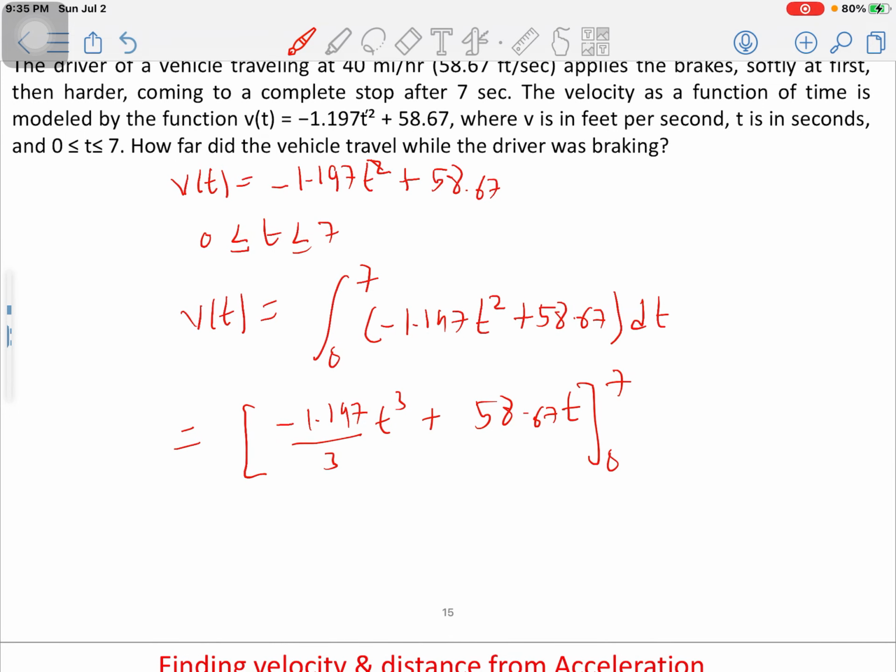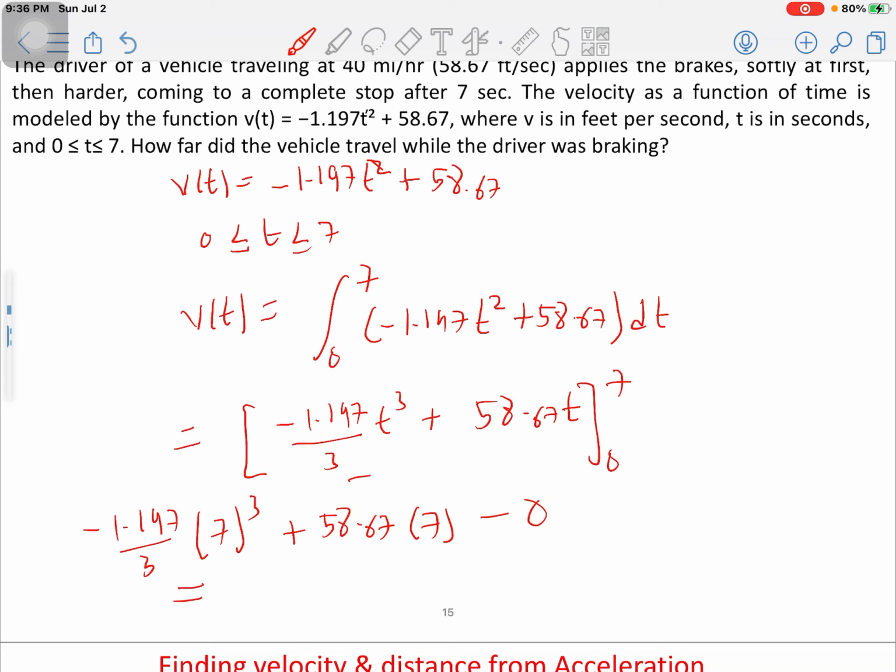Using the upper limit minus the lower limit, from the fundamental theorem of integral calculus, you are going to get negative 1.197 over 3 multiplied by 7 cubed plus 58.67 multiplied by 7, minus the lower limit, which is 0, because when I put 0 inside all these functions, since they contain the variable t, they give me 0.